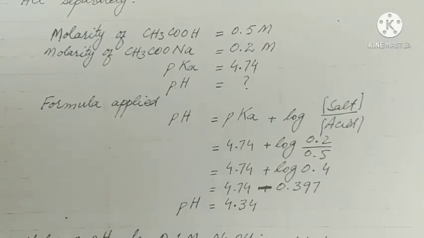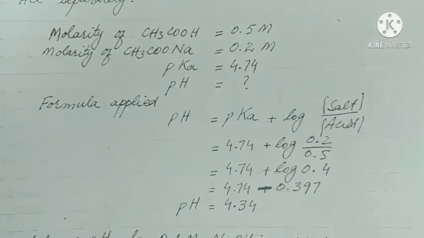Then plus log, value of salt is 0.2 and value of acid is 0.5. 4.74 plus log 0.4, 4.74 minus 0.397, and pH is 4.34.